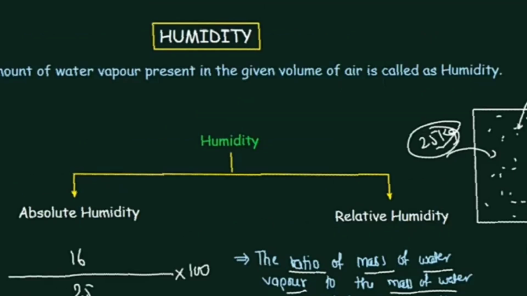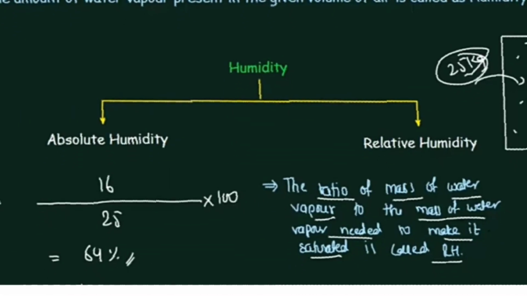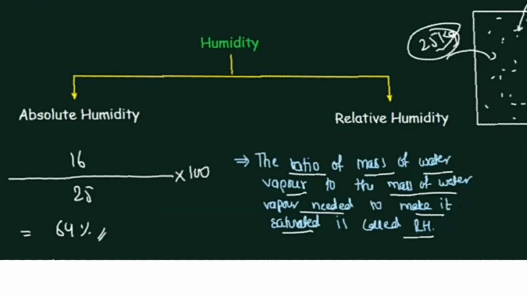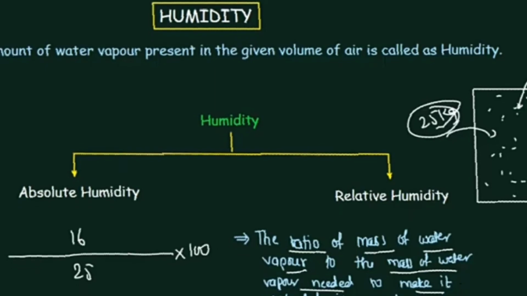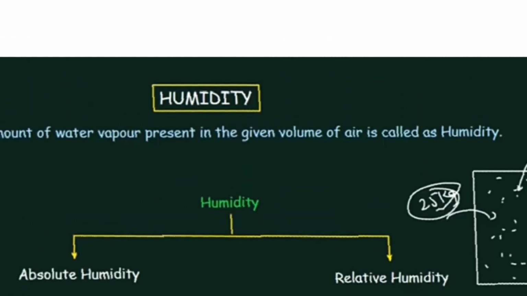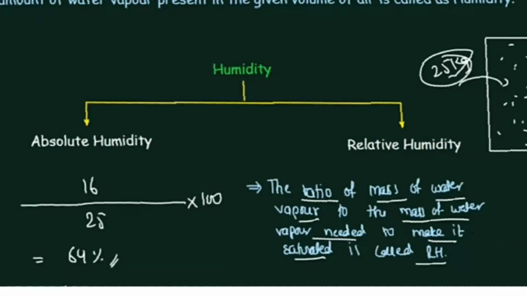But what is the capacity? Capacity is to hold 25, isn't it? I'll repeat. This is a container, and in this container it has a capacity of 25 kg, but you have filled it only with 16 kg. So 16 upon 25. See the ratio that is taken.